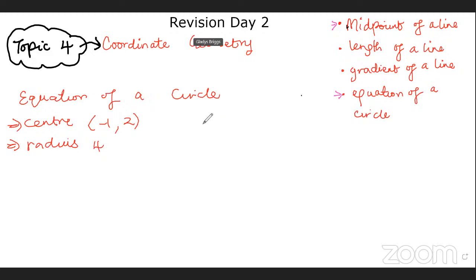First thing you have to know is r squared is equal to (x minus a) squared plus (y minus b) squared. This is the equation of the circle.